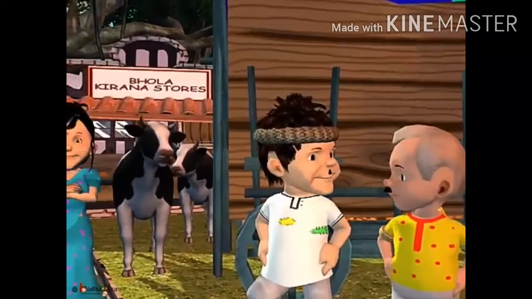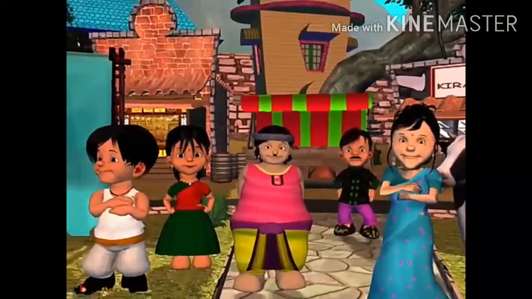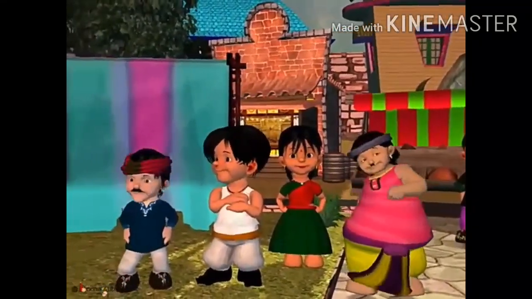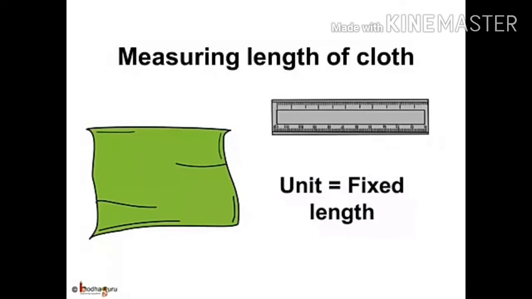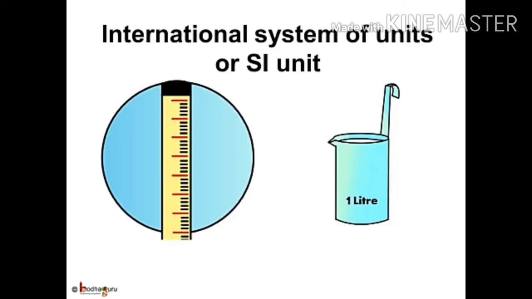As we saw even in the story, for uniformity, instead of varying length of hands, new units were introduced. As the unit for measuring the length of the cloth, a fixed length was used. This was called meter. It was a unit against which unknown quantity of cloths were measured. So, scientists all over the world have adopted a common set of units. This system is called the International System of Units or SI units.